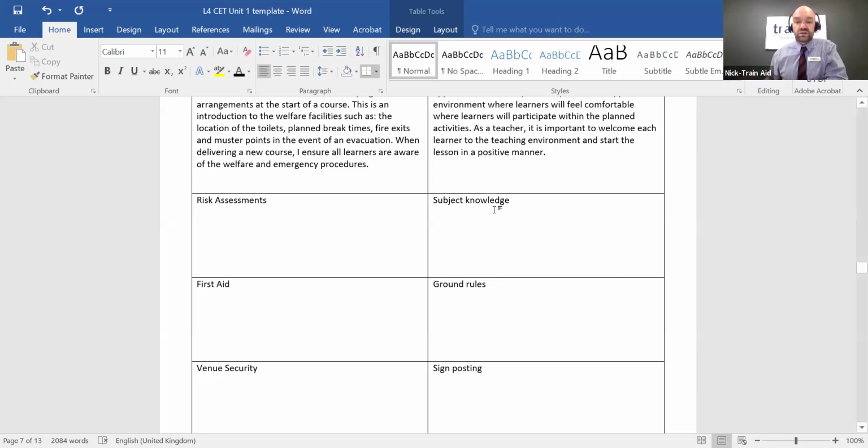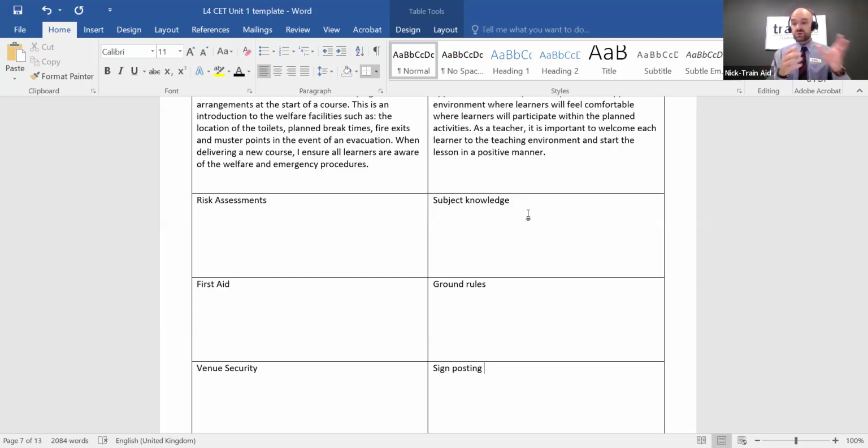Okay, so subject knowledge, this is all about having a good level of knowledge, that you're staying up to date, you're staying current. There's no point teaching something which is out of date. And therefore, I would say that try to keep up to date with awarding body changes, legislation changes.